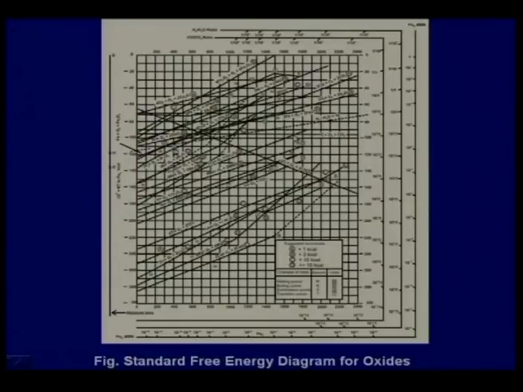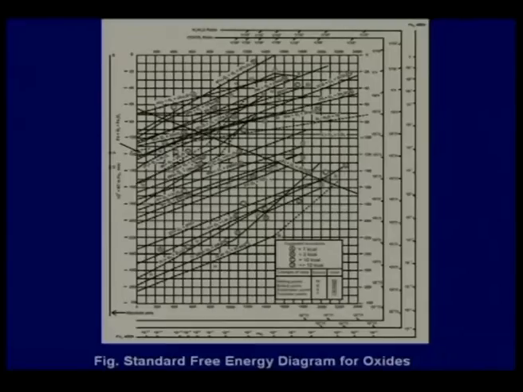Now, all these lines are parallel, because you have written them in terms of only O2. If we did not write in terms of O2, if we represented these lines writing in terms of one molecule of the oxide, then things will get complicated.